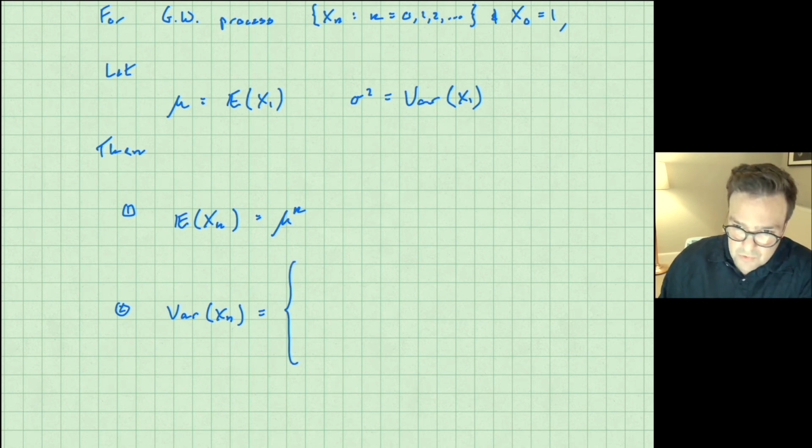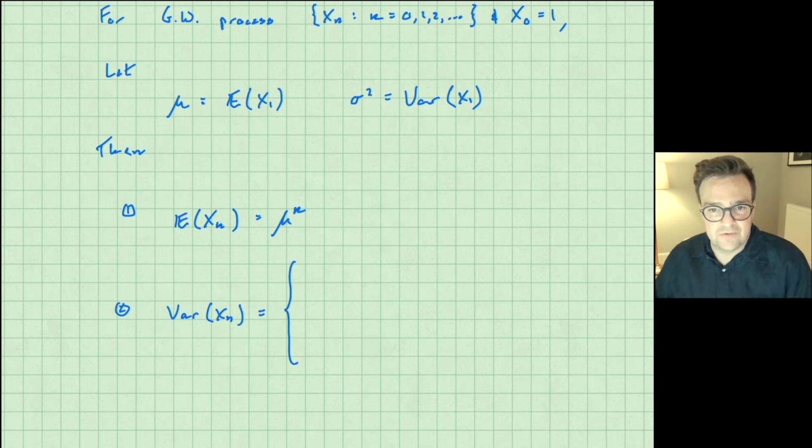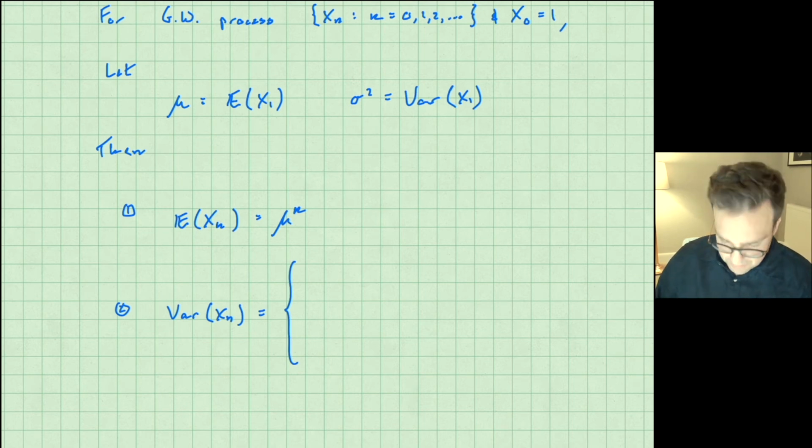If mu is equal to 1, we get special circumstances. So in other words, if the expected size of the population at n equals 1 is 1, then we get n times sigma squared. So this is the mu equals 1 case.